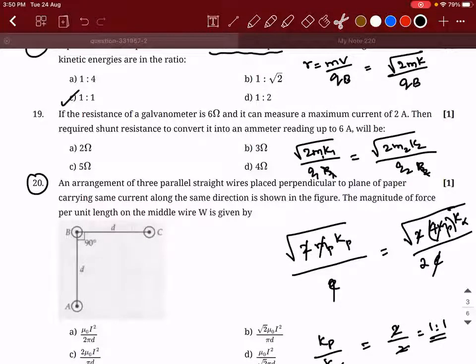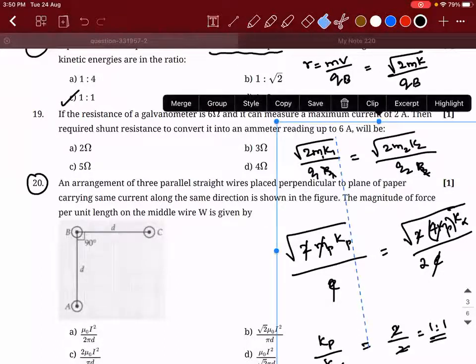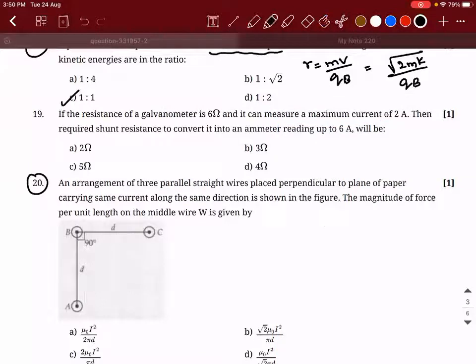Sir, is it 3 ohm? Got it, sir, 3 ohm. So how to do it? I'm concerned about the method. If the resistance of the galvanometer is 6 ohm, it can measure a maximum current of 2 ampere. Then what is the required shunt resistance to convert it into an ammeter reading up to 6 ampere?